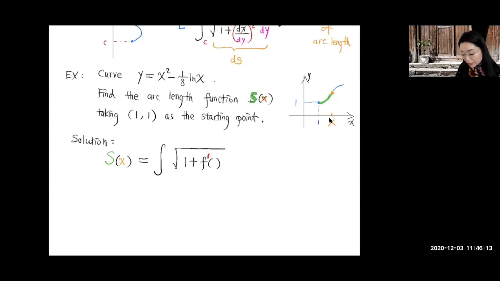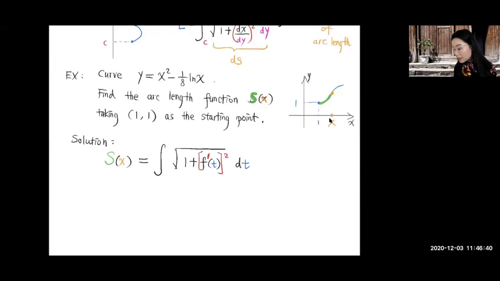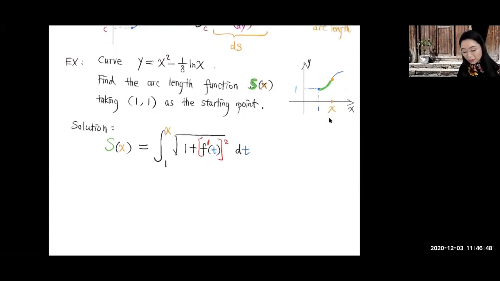T goes from where to where? The starting point, x coordinate 1, to x. So we have 1 to x. This is the arc length function.